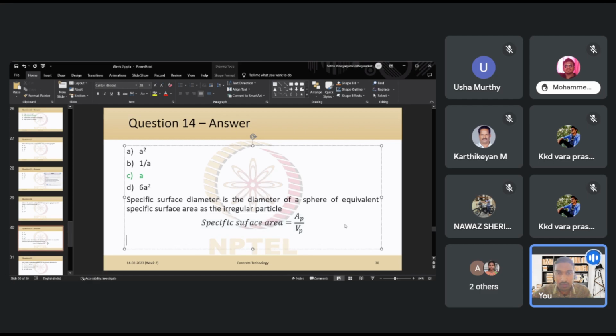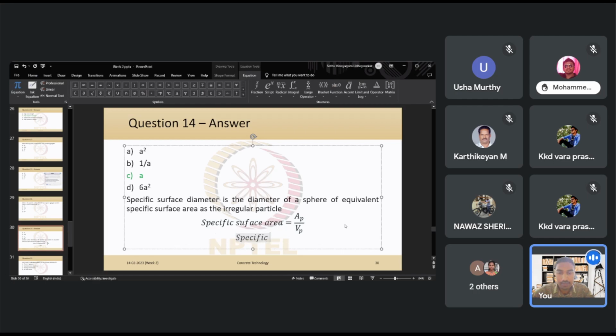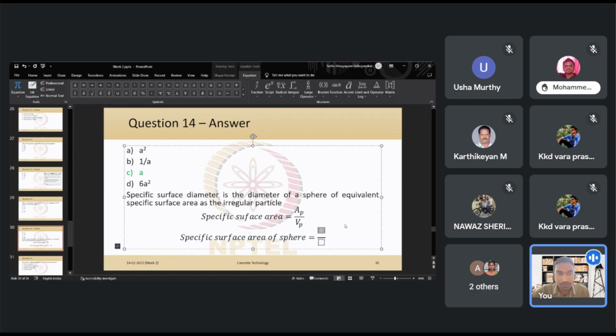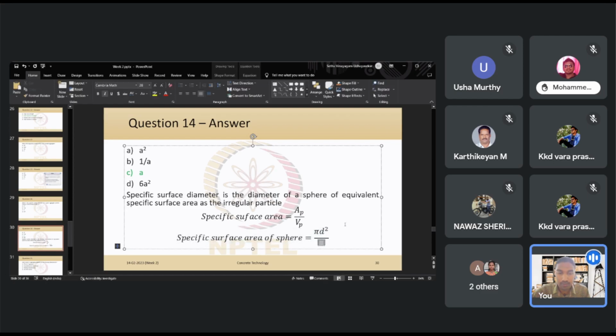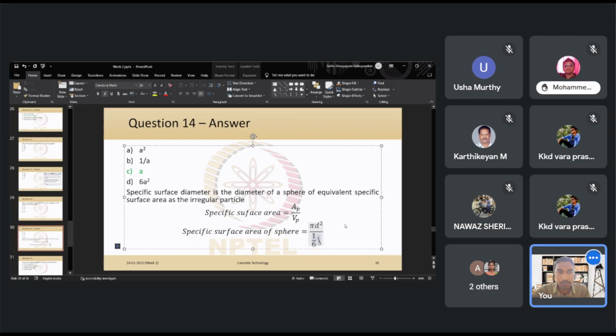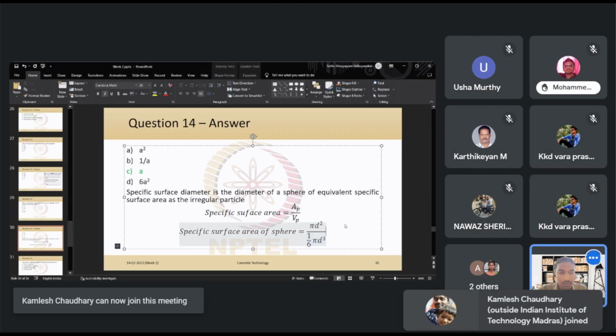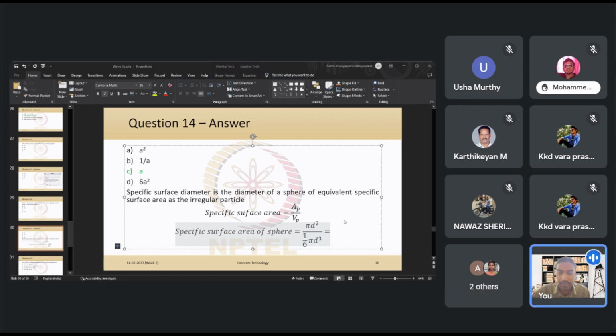For a sphere, we divide the area by the volume. The area is pi d squared, if d is its diameter, and the volume is 1 by 6 pi d cubed. Simplified, you get 6 by d. That is the specific surface area of the sphere.